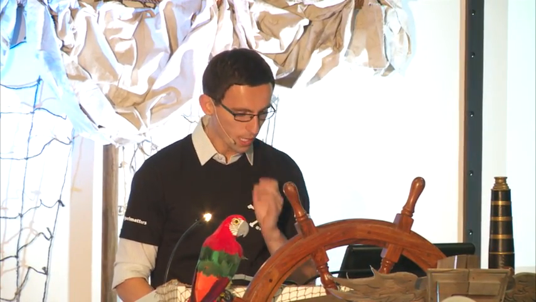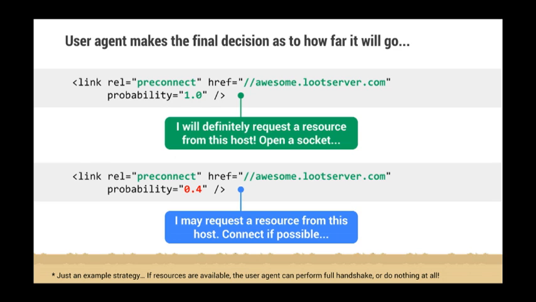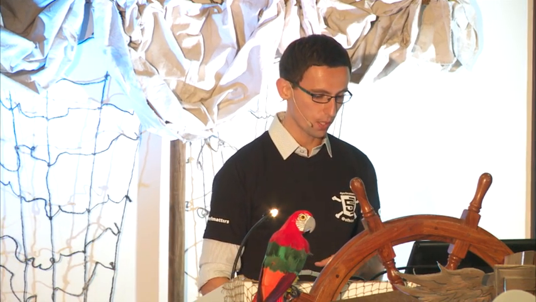So as an example, let's take 2 hints, right? We have a pre-connect with 1.0 and a pre-connect with 0.4. Depending on how the user agent or the device is doing currently, it will say, great, look, I've got full battery, I happen to be on Wi-Fi, I've got a ton of resources, I'm just gonna follow this whole thing, right? And in fact, for 1.0, that's pretty much guaranteed.